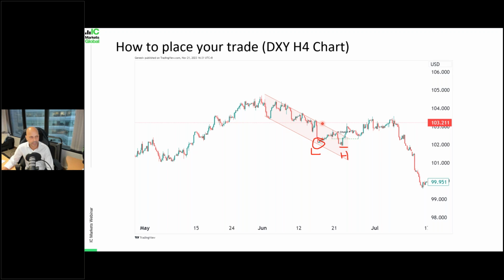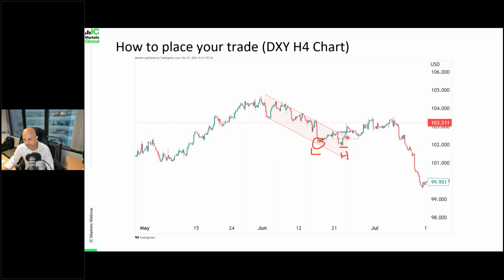But what helps us identify the change of character is price breaking above this trend line. That's why, for the bullish pattern, it's important to at least have a descending trend line if you don't have a channel. By drawing a descending trend line, we give ourselves a better visual aid to tell us that a change of character has occurred.